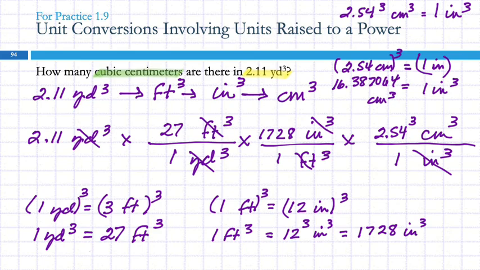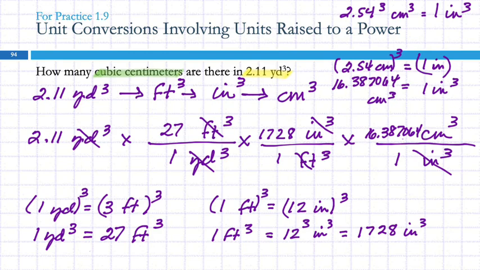But what happens a lot is that people cube the units and they forget to cube the numbers. The number has to be cubed. Okay? So we're just going to go with a little more straightforward, and I'm just going to go ahead and type that number in there. 16.387064.